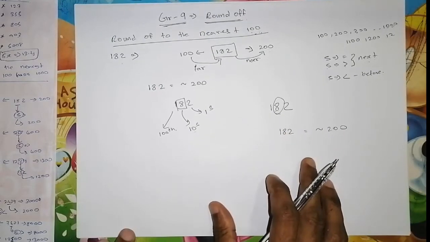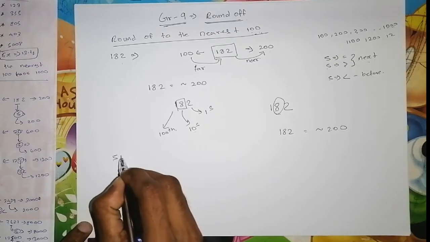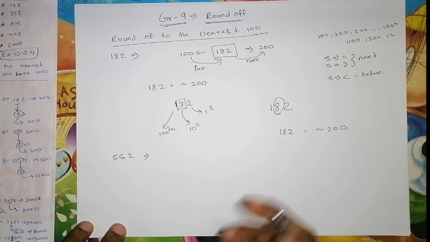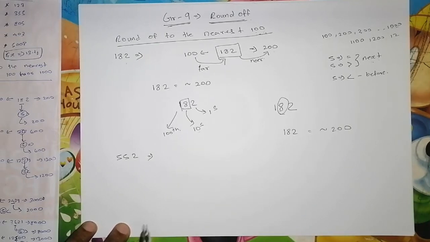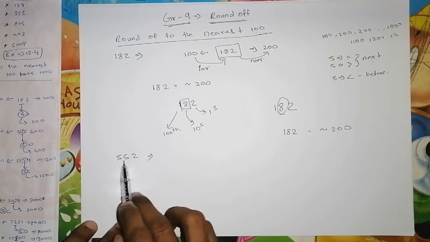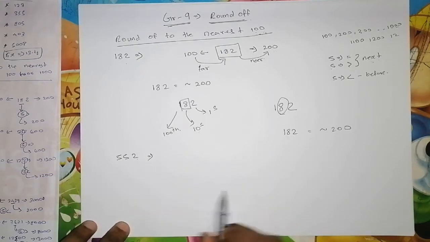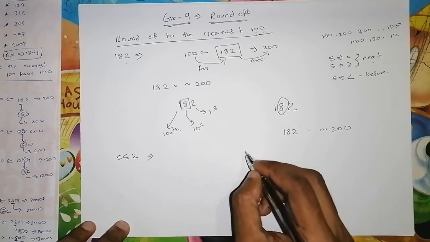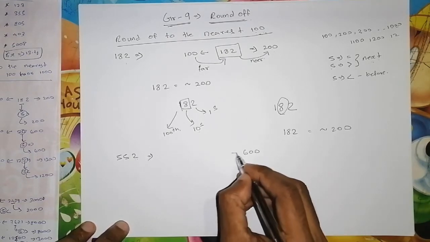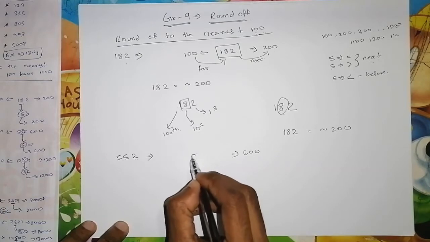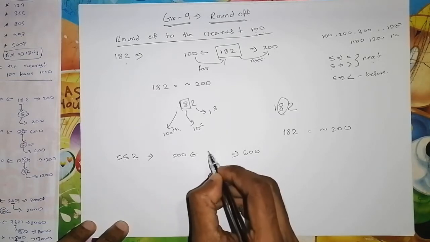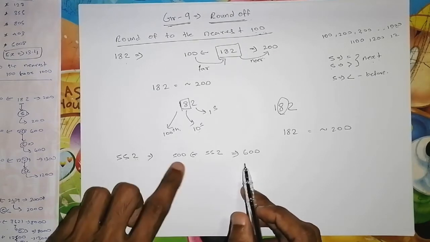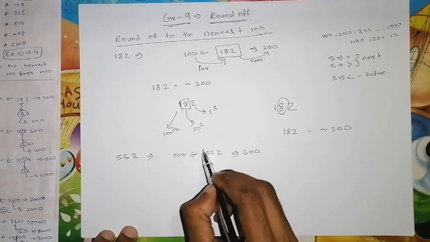Okay, we'll take another number, 552. In the first method, we have to check 552 is in between which hundreds. It's less than 600. So the after number is 600, the before number is 500. In between 500 and 600, the 552 is situated.